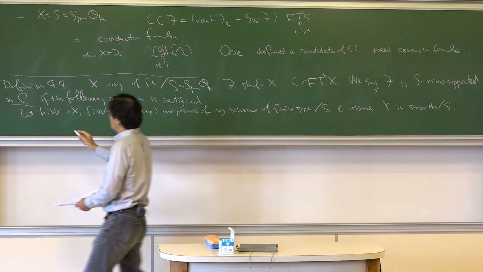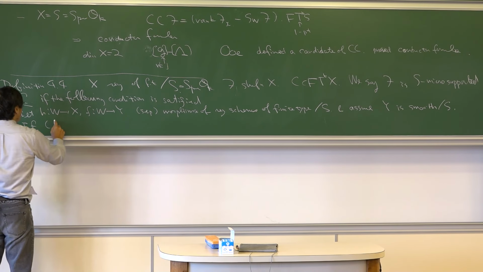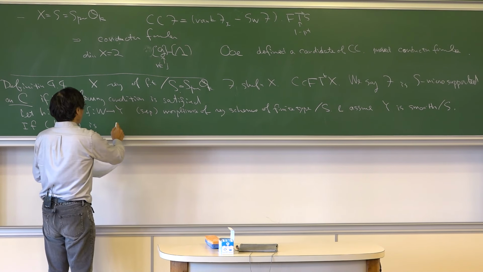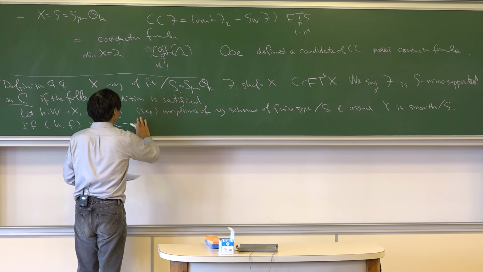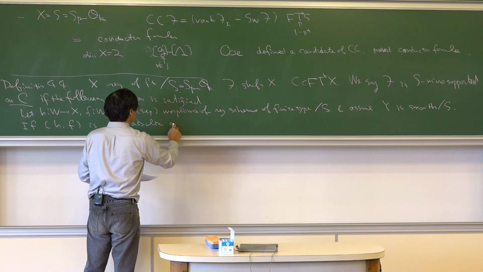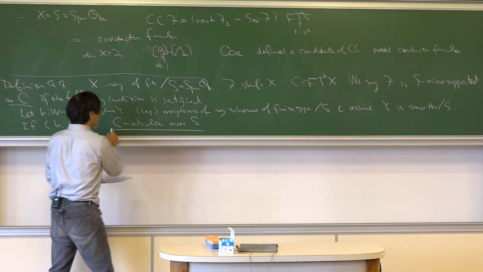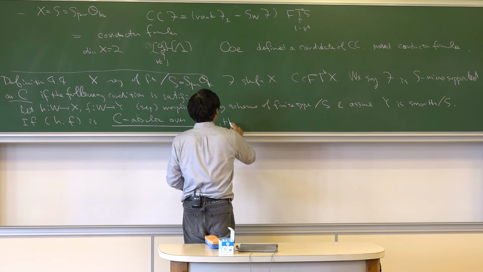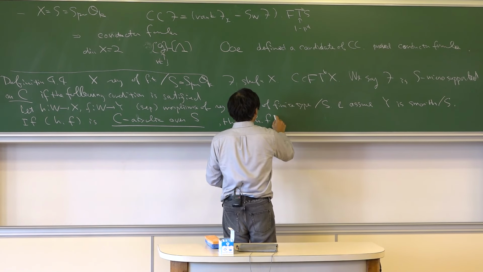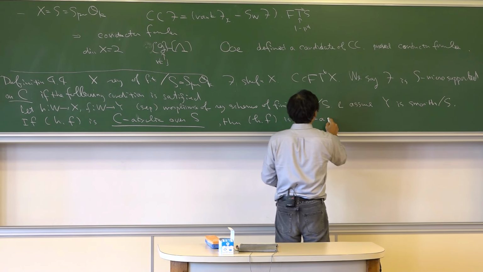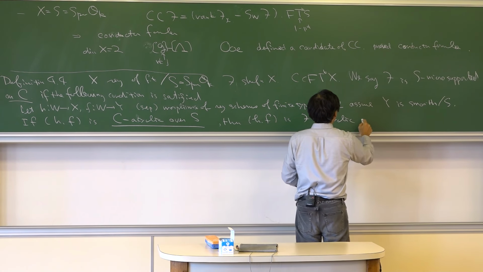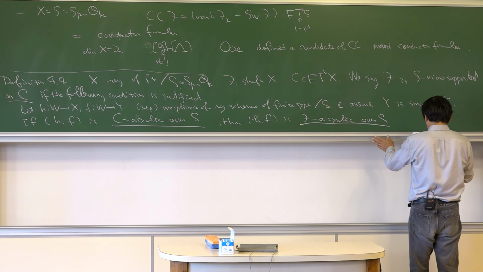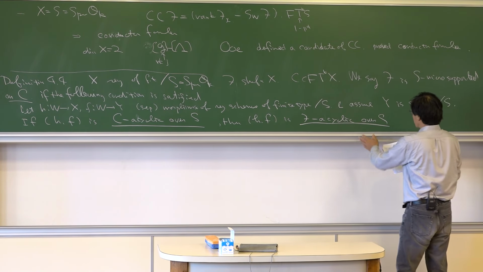Then if this pair is C acyclic over S, so I haven't defined this, I have to explain what this means. Then HF is F acyclic over S. This I haven't defined either, so I have to also define this.